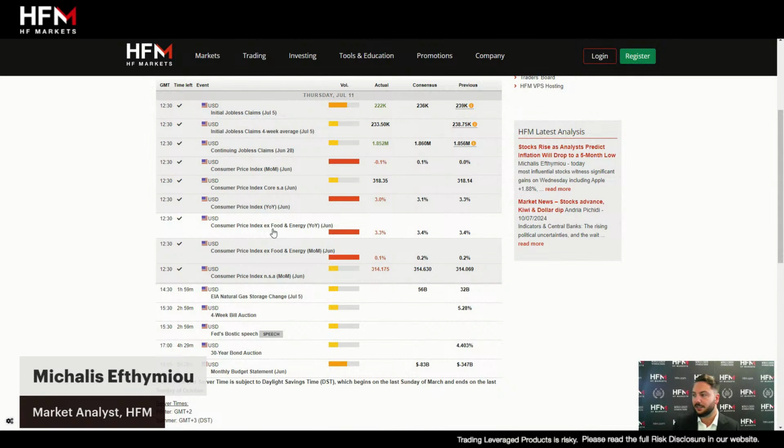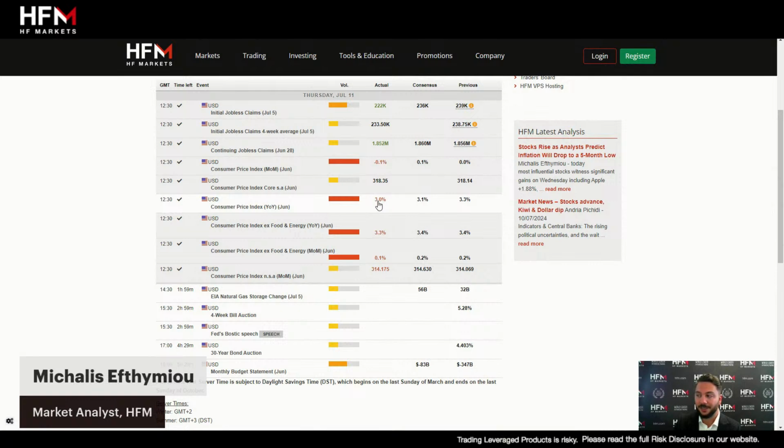If we look at the CPI excluding food, so the core CPI, the announcement is positive. That's positive for the stock market and, like I said before, negative for the US dollar. That came in lower than expected. The official CPI, not excluding food and energy, came in lower than expected as well.